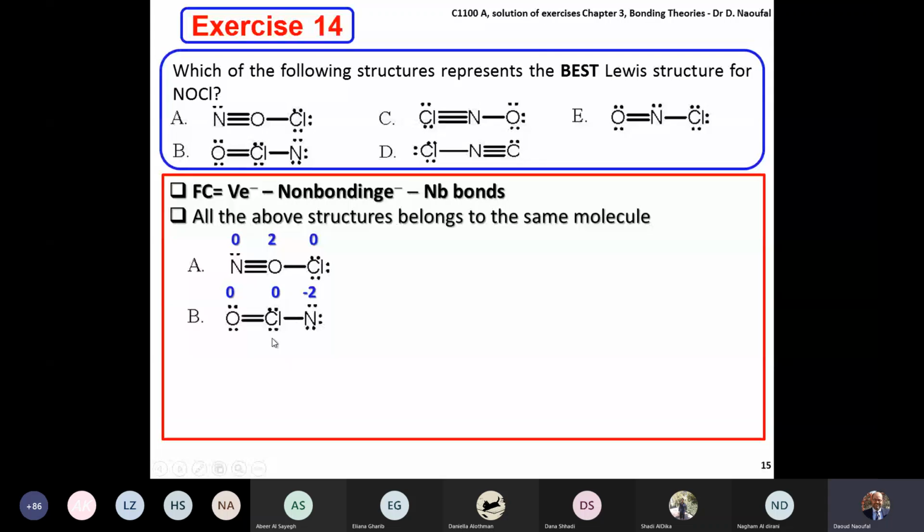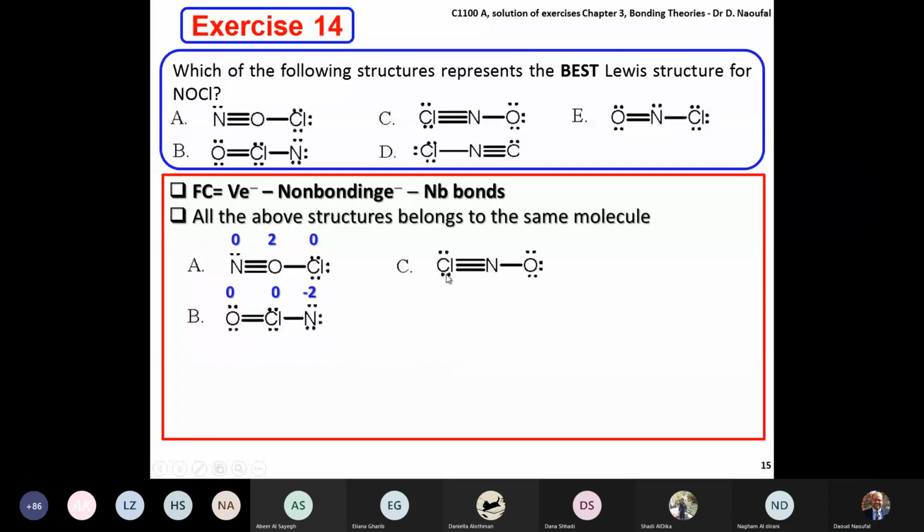7 minus 4 minus 3, so the formal charge is 0. 5 minus 6 minus 1, the formal charge is minus 2.